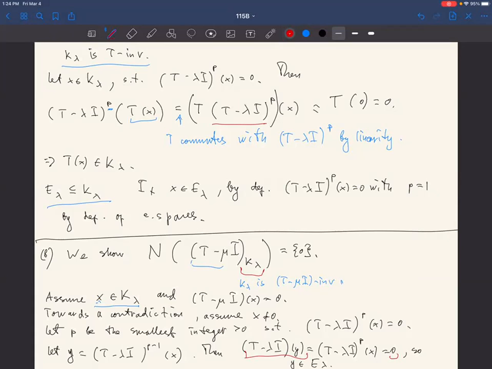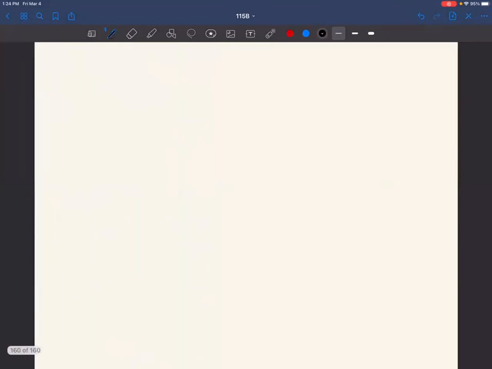Let's see what else we have here. We also have that T minus mu I applied to y can be written as T minus mu I applied to (T minus lambda I) to the power p minus 1, remember, by the choice of y, applied to x.